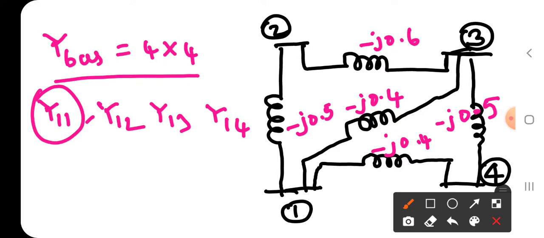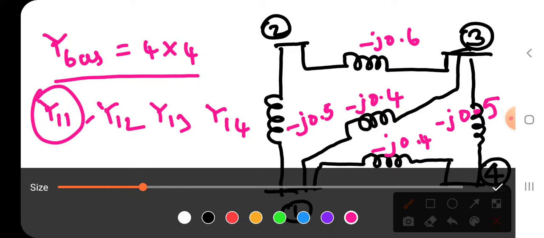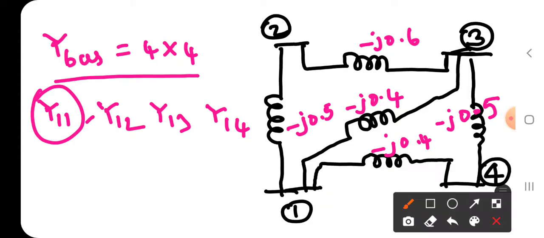What do you mean by Y11? I already told you, Y11 is the sum of admittances connected to node 1. What are the various admittances connected to node 1? You can observe that here this is 1, 2, 3.